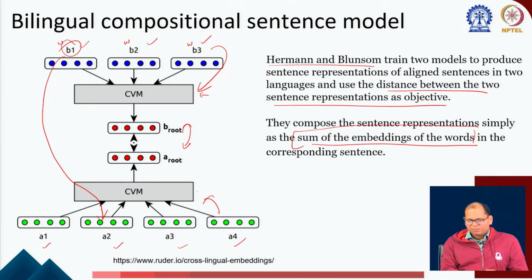So, that is the idea. You can start from scratch without any prior knowledge of embeddings, but by this sentence alignment you can learn the shared embedding space.